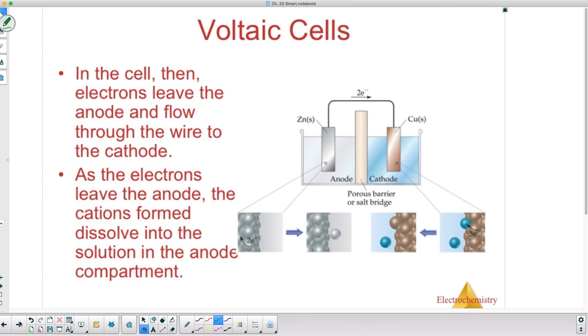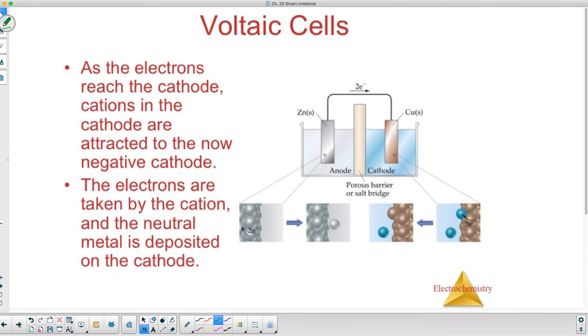For the voltaic cell, it says in the cell the electrons leave the anode and flow through the wire to the cathode. As the electrons leave the anode, the cations dissolve into the solution. That would be the zinc going into zinc plus here, dissolving into the solution in the anode compartment. The electrons reach the cathode.